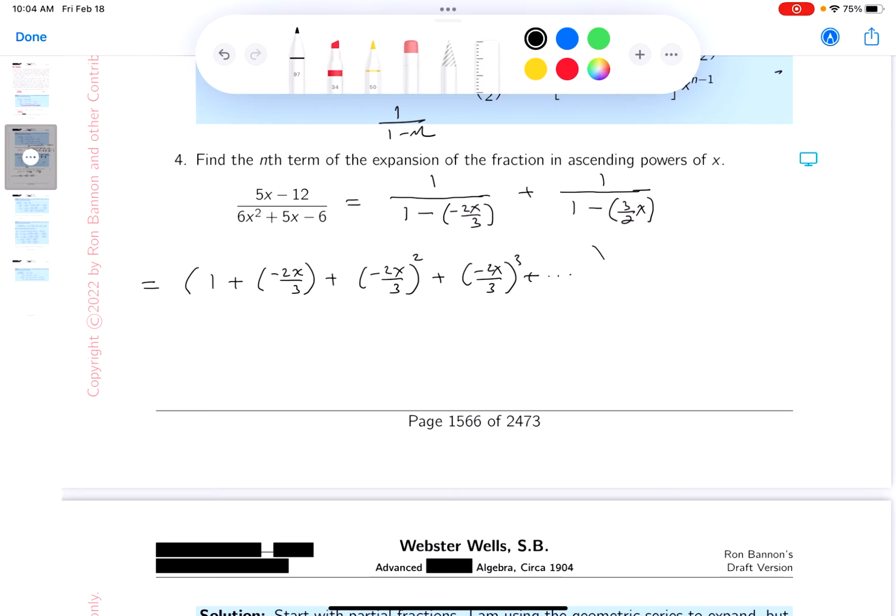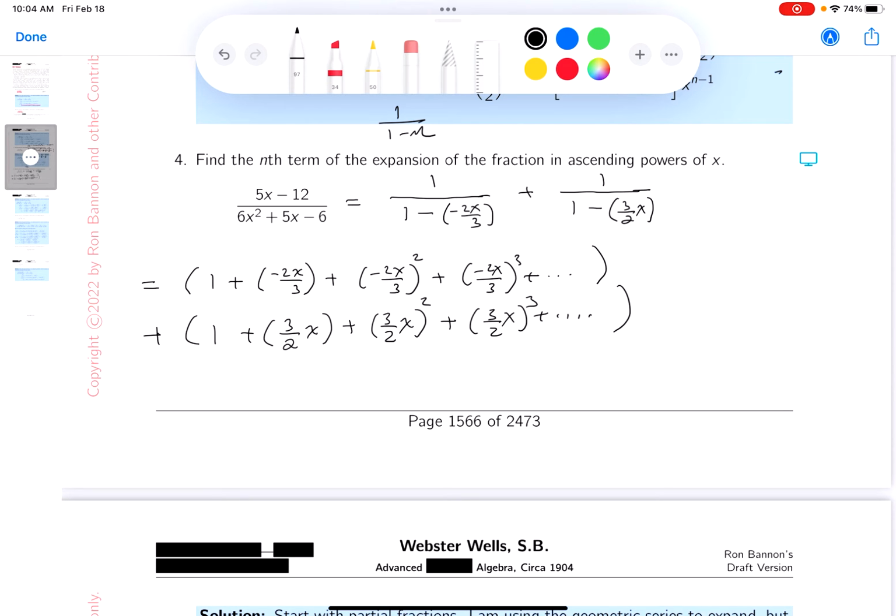We've done that many times, by the way. What's the other one going to be? 1 plus 3 over 2x plus 3 over 2x squared plus 3 over 2x cubed plus yada, yada, yada.